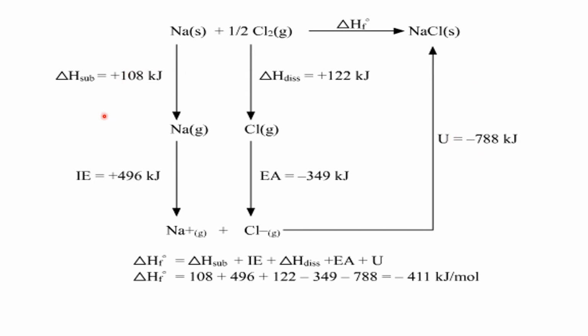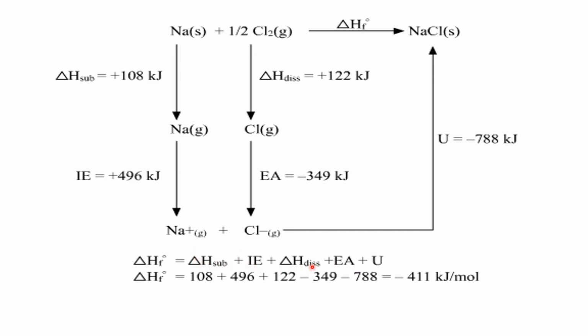So the energy of this process should be equal to the energy of formation of NaCl, that is the delta HF of NaCl. So we could say delta HF is equal to H sublimation plus ionization energy plus dissociation energy plus electron affinity plus lattice energy.